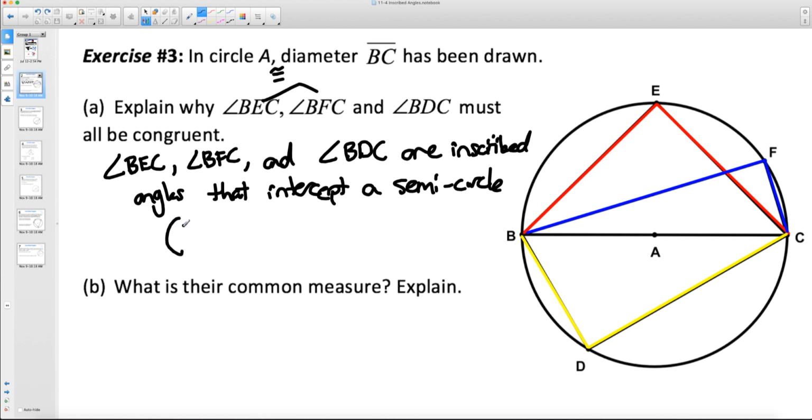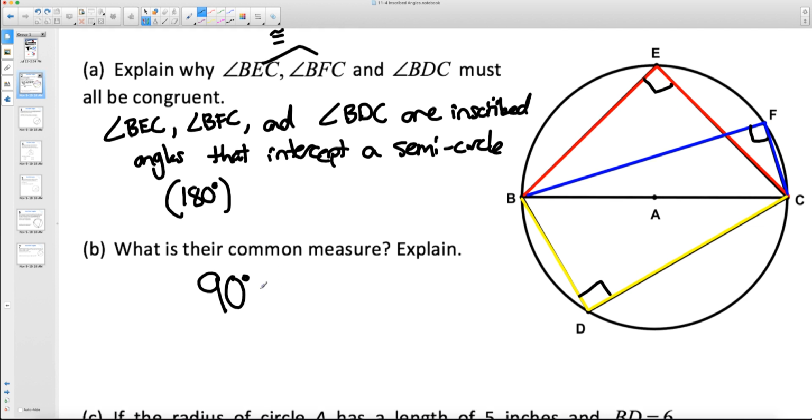They all intercept the semicircle, which is 180 degrees. So if they all intercept 180 degrees, they all happen to be right angles, because an inscribed angle is half of the arc. An explanation would just be an inscribed angle is half the measure of the arc.